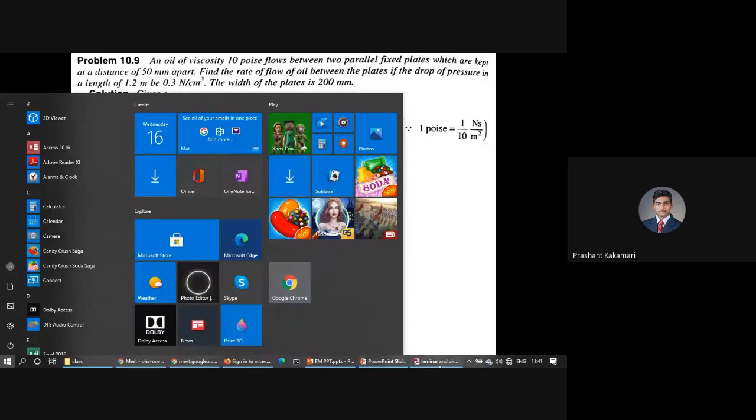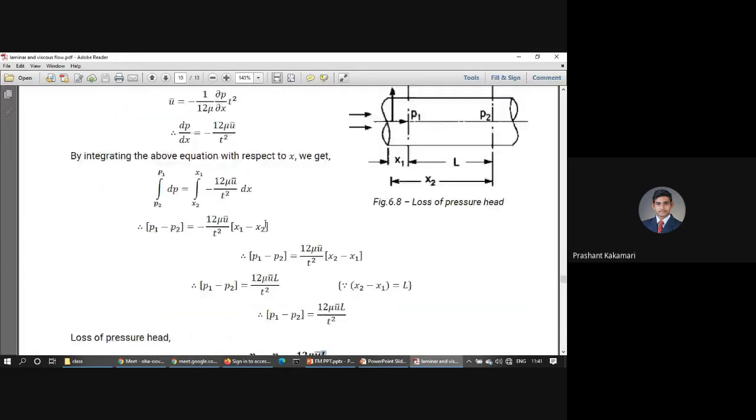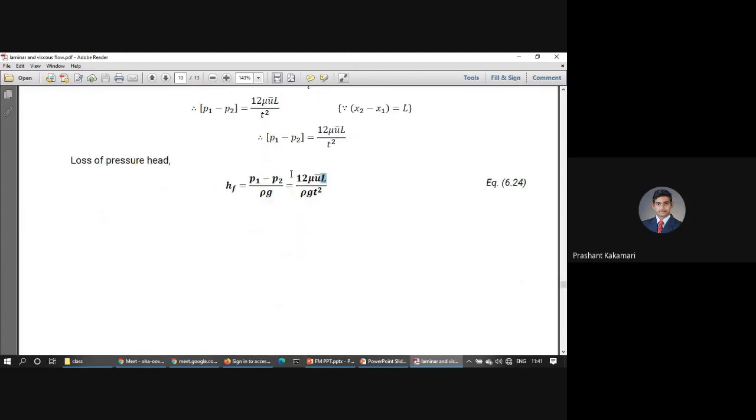So either you can go by this formula, that is U bar equal to 1 by 12 mu dou p by dou x into t square. That will also give us the average velocity, or else in this P1 minus P2 formula, we know P1 minus P2, we know T also, we also know this mu, this L. So as we know all the values, only left thing is U bar.